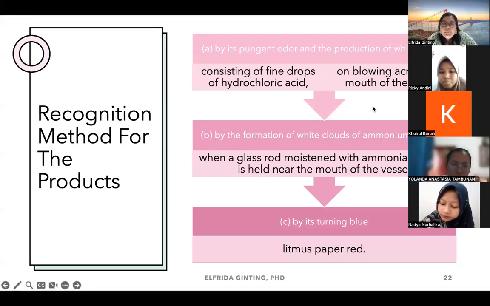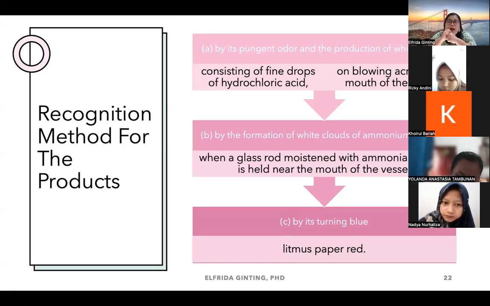So this is also happening with hydrogen chloride. The odor is pungent, and you can see a white fume. And if you mix it with ammonia, there will be ammonium chloride, with a white cloud.